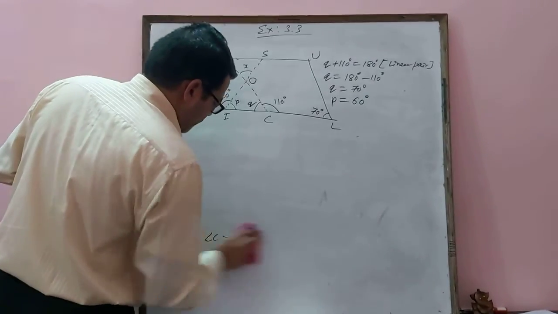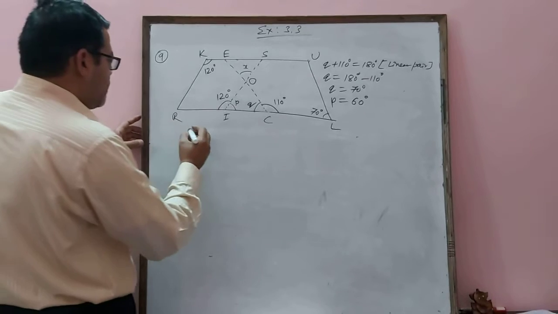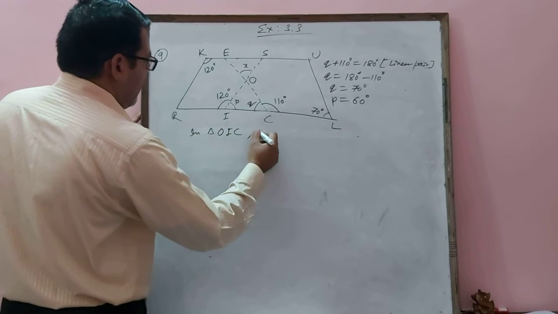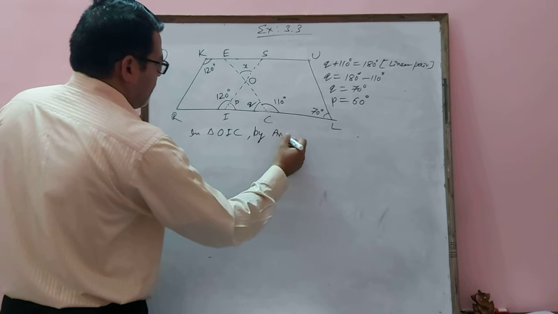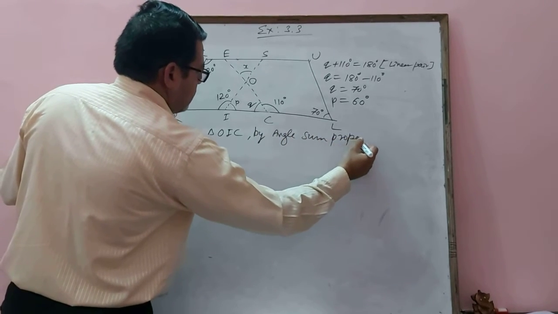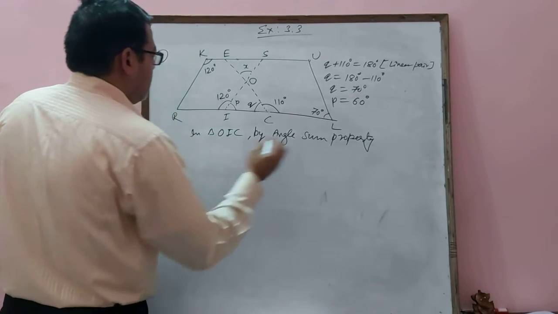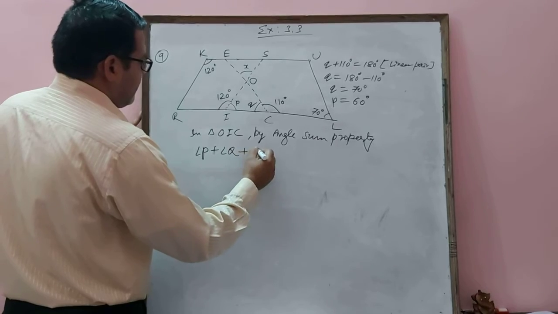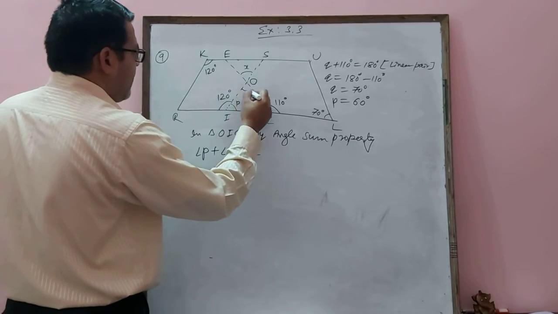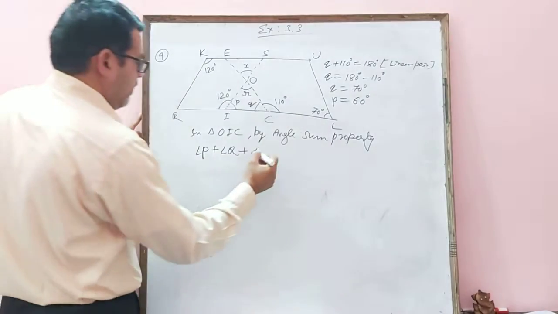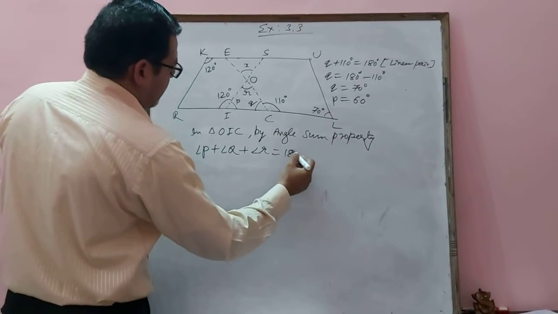Now see, in triangle OIC by angle sum property, angle P plus angle Q plus this angle, suppose I name it R, equals 180.